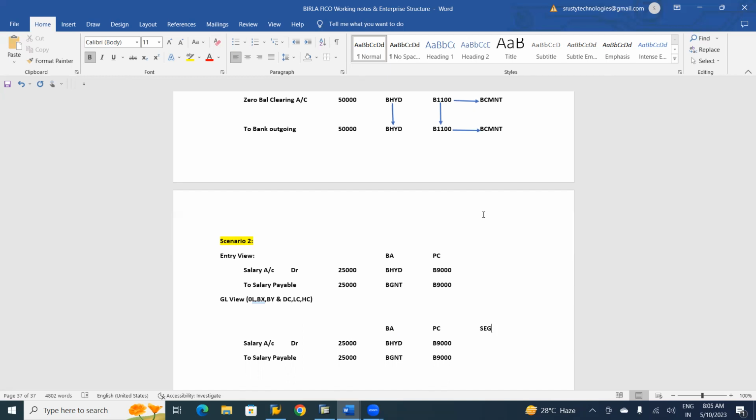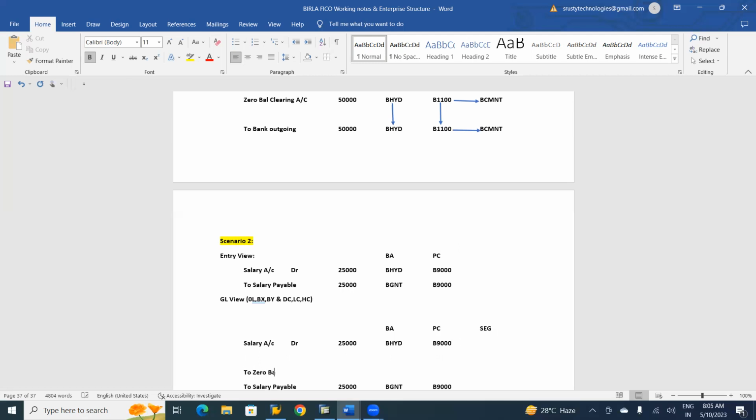In business area level, it will split, sir. So how will it be shown? It will show like the salaries account debit. So here which zero balance will be clearing? Debit line, it will be the same. Zero balance clearing, yes, exactly.